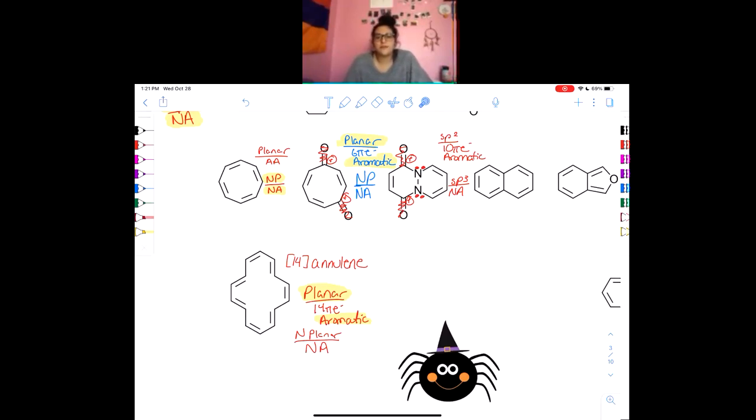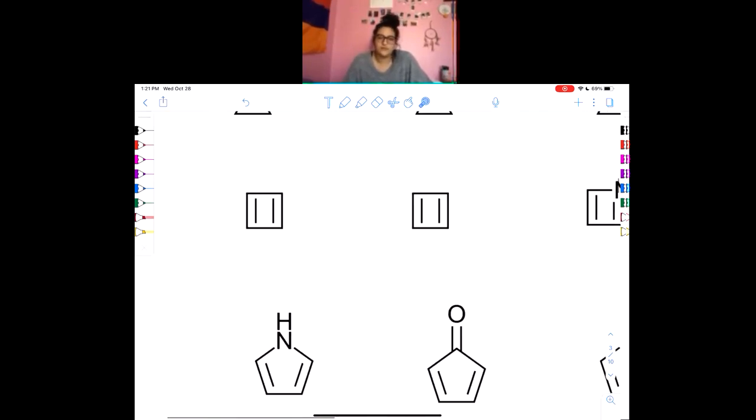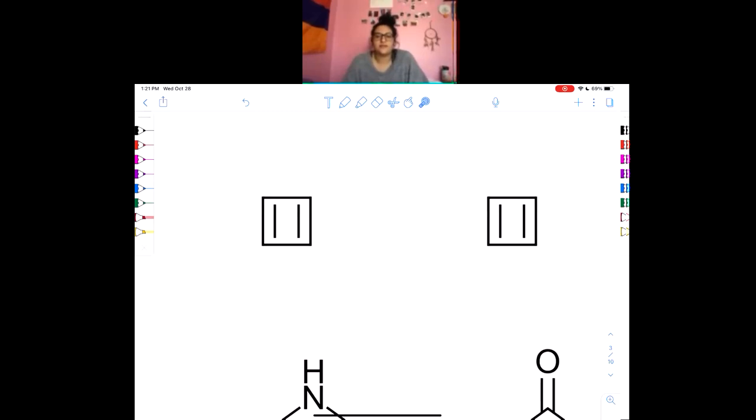So the question was, can we decide if it's planar or not for the stability of smaller molecules? Do you mean like, for example, this? Could we decide if that's planar or not? Not really, and the reason is because, one, this is too small and unstable to bend out of the plane. Cyclobutanes are not really stable to begin with, so bending it out of the plane would kind of suck.